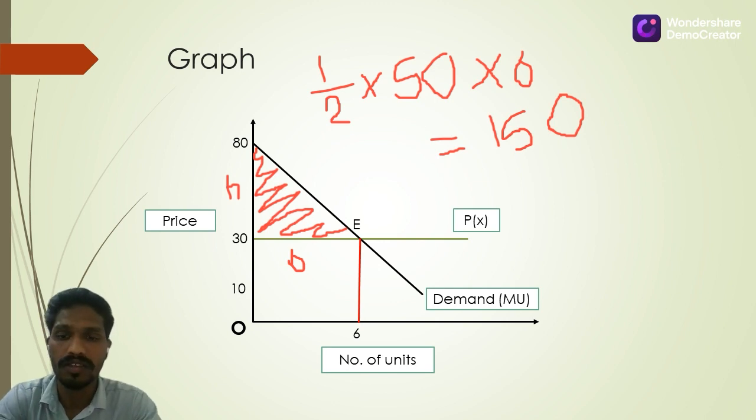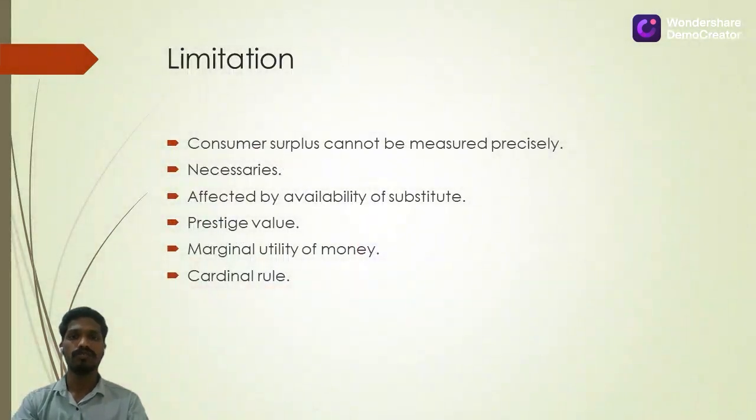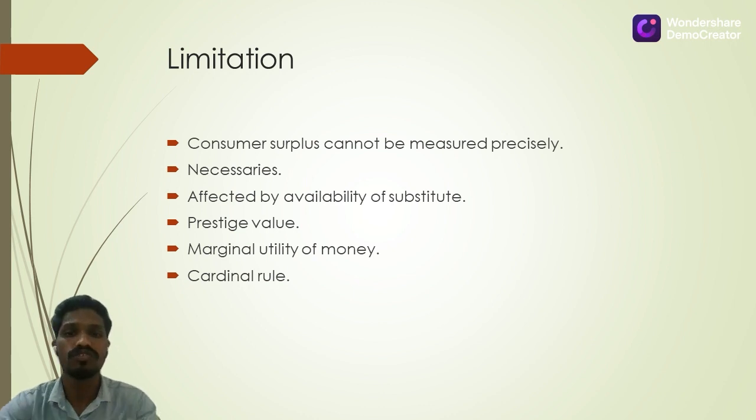Hope you understand. Let's see the limitations of consumer surplus. I already told you that consumer surplus is based on the law of diminishing marginal utility, so whatever shortcomings diminishing marginal utility has are carried forward to the theory of consumer surplus.